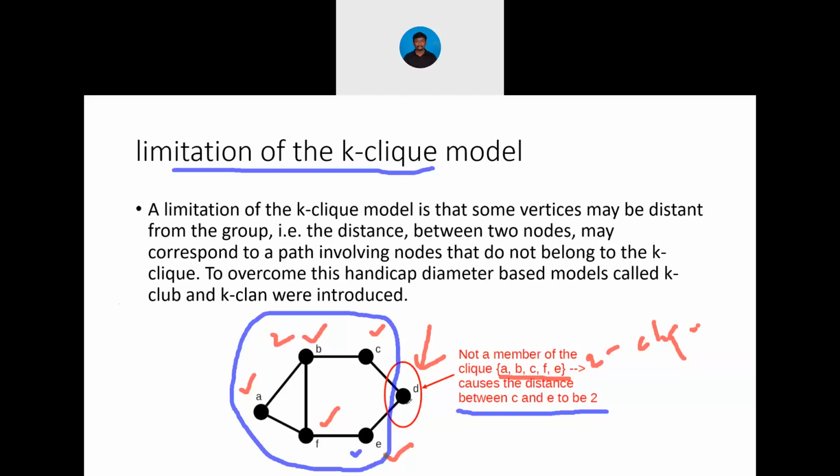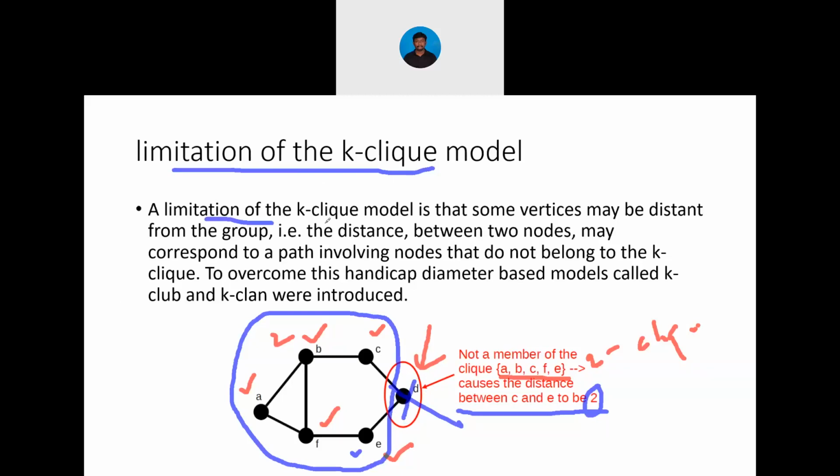A node which is not present in the particular clique, if it is used to reach some other node, say for example E from C, it still counts toward the distance even though it is not in this clique model. That is called a limitation of the clique model.